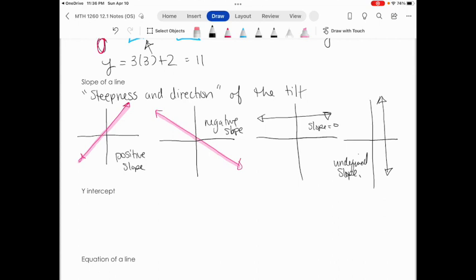Now, the concept of slope in real life is going to represent some kind of rate, which is where the two quantities come in. You want to see how one quantity changes with the other. It's the ratio of the change in y to the change in x.